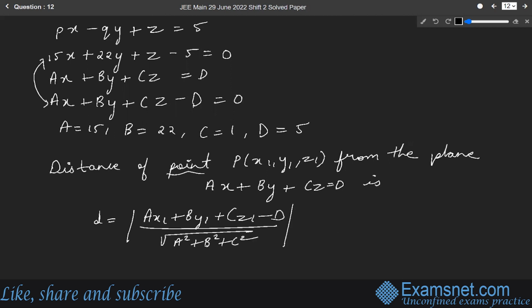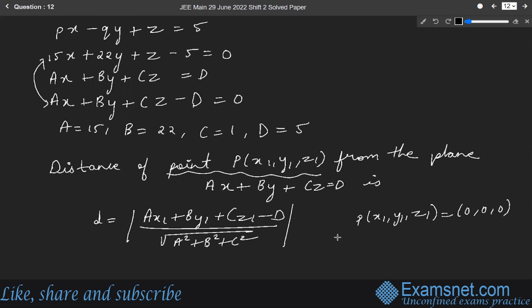Since the point is here the origin, we have to find the shortest distance from the origin. Since we have to find the distance from origin, it means that the point P x1, y1, z1 will be equal to 0. Origin means 0, 0, 0, right?